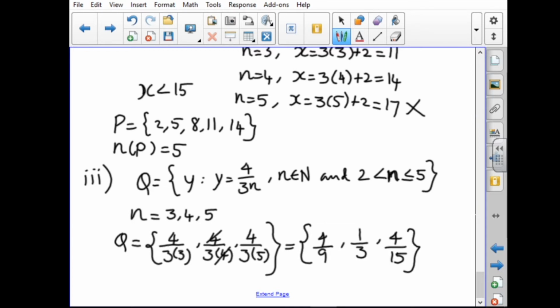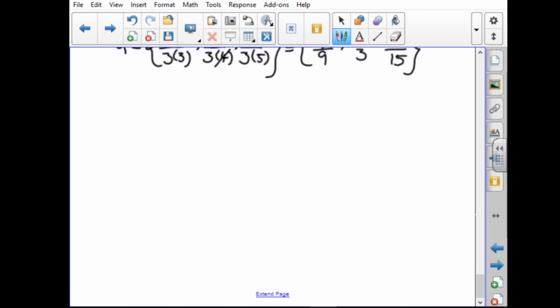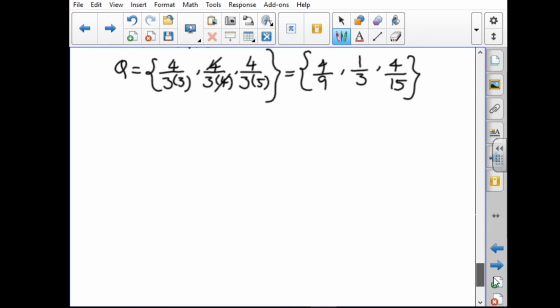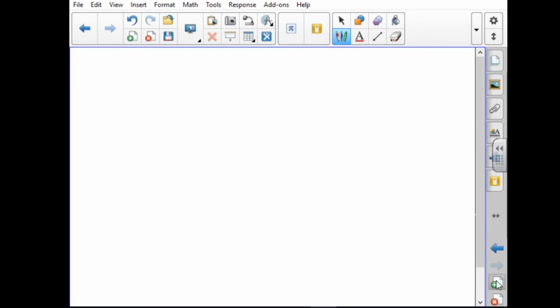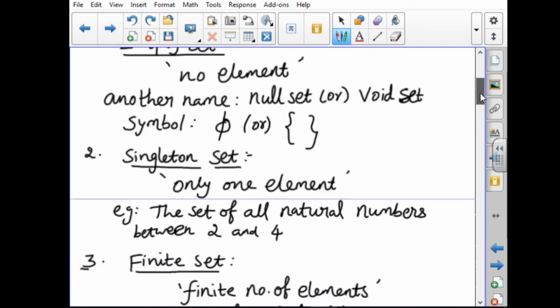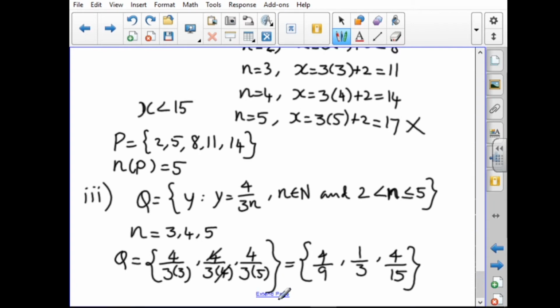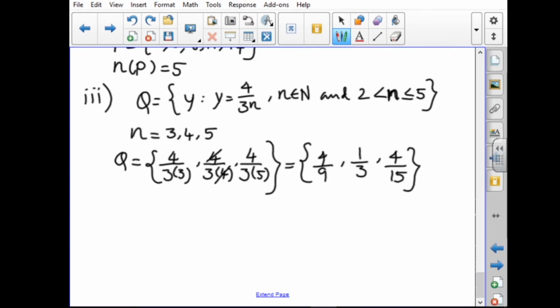So we have 3 elements. So n of Q is equal to 3. So the cardinal number is 3.